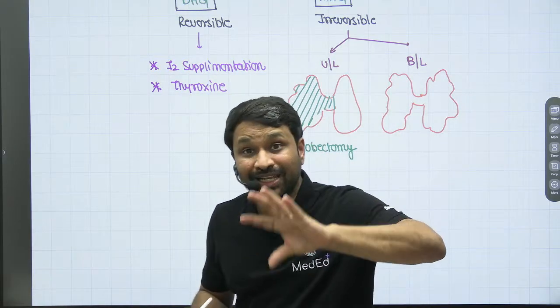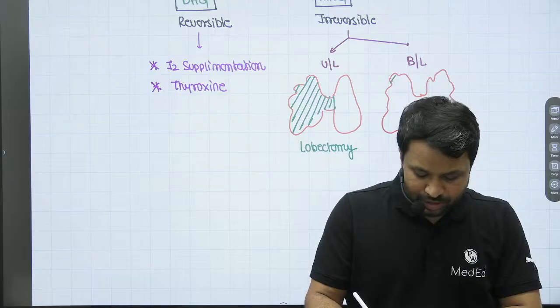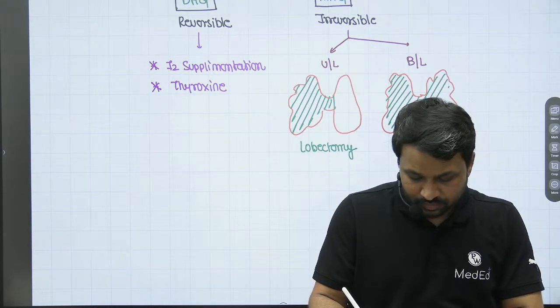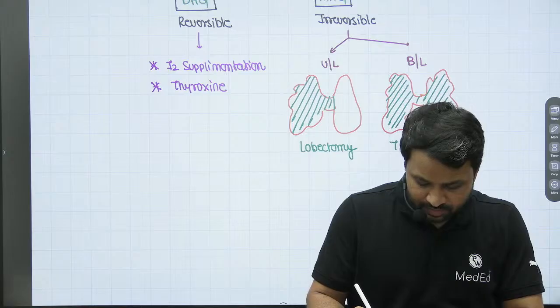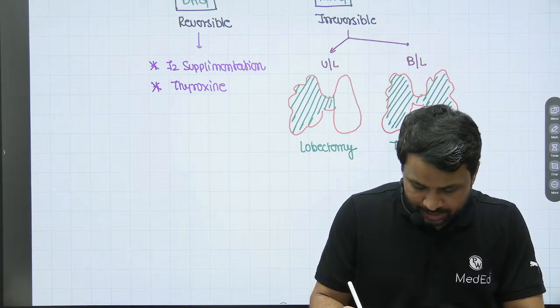If you remove only the lobe, it is called total lobectomy. We'll talk about it in thyroid surgeries. If it is bilateral, I'm going to remove the entire gland. So here we will do a total thyroidectomy.